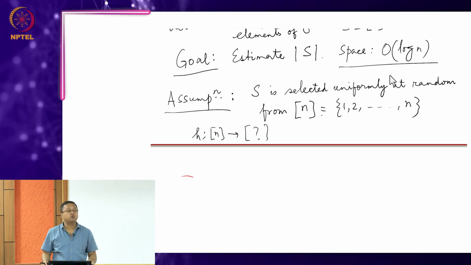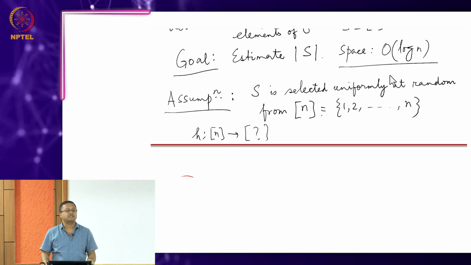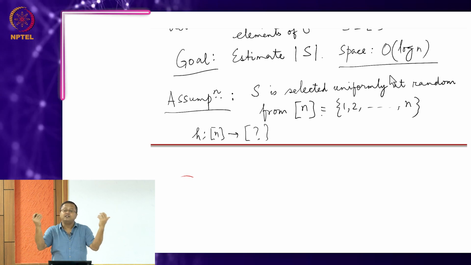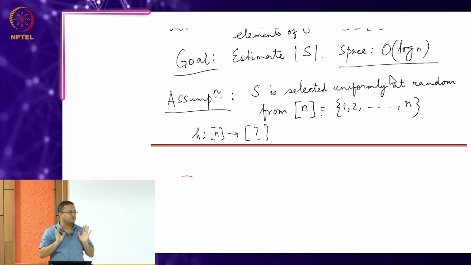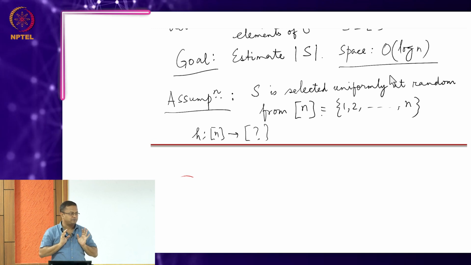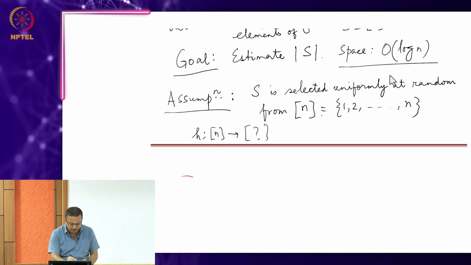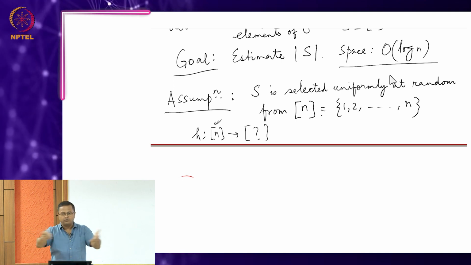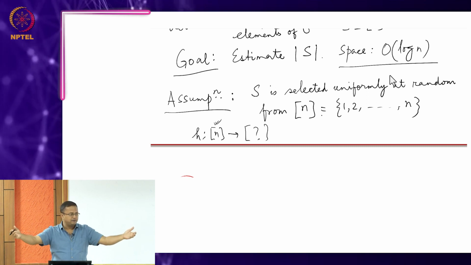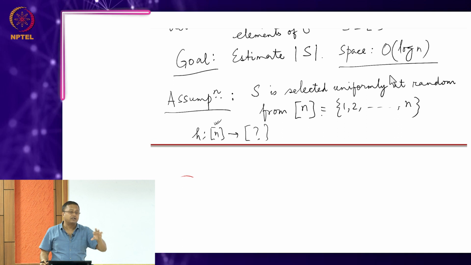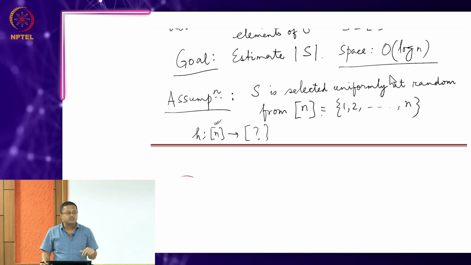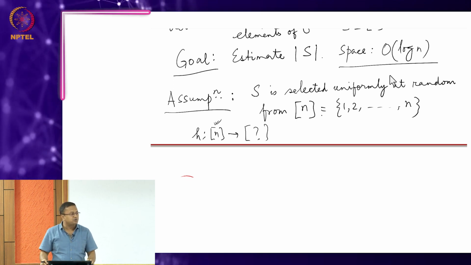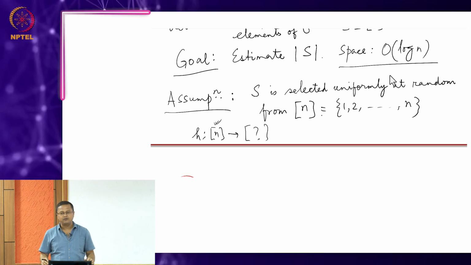If this hash function is suitably chosen, then these hashed values will be uniformly at random in the new universe created by this hash function, right. What is this hash function doing? Taking the elements in N and distributing them in a new universe. Because the hash function is nicely chosen, for this stream only these distinct elements are coming, so these distinct elements would now be very well spread in that domain.